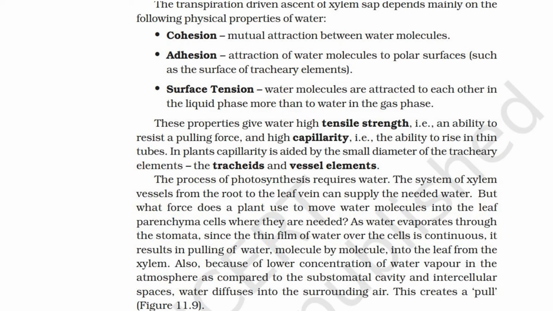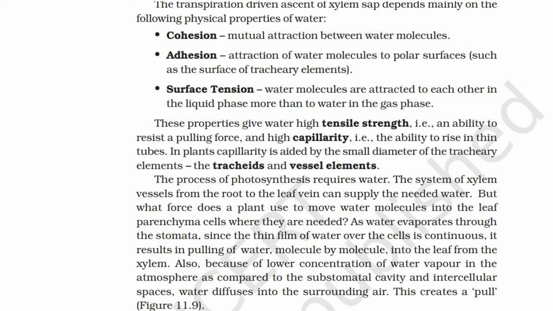These properties give water high tensile strength, i.e., an ability to resist a pulling force, and high capillarity, that is, the ability to rise in thin tubes. In plants, capillarity is aided by the small diameter of the tracheary elements, the tracheids and vessel elements.